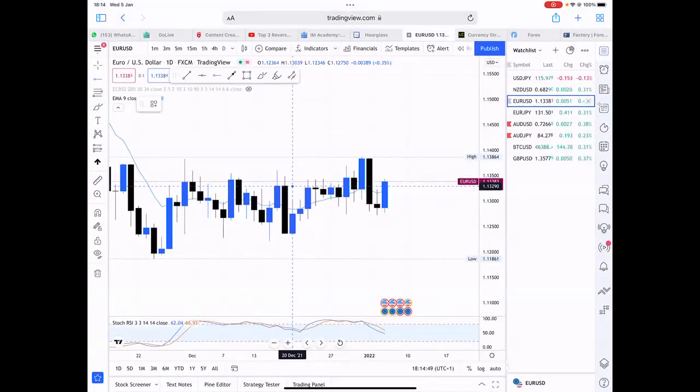This is how to chart. First, come to your daily and click on the previous candle's highest wick, the highest wick of the previous candle, the highest body of the previous candle, because we are buying.